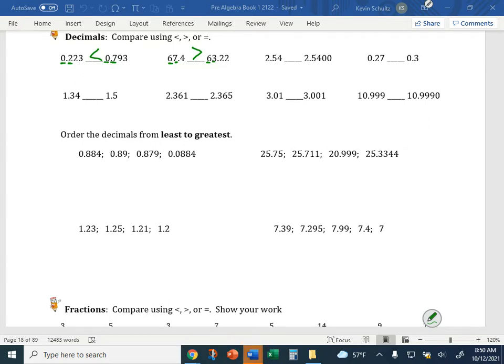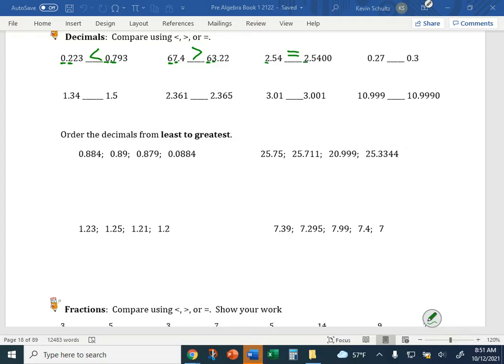Okay? How about 2.54 and 2.5400? Kate, they are equal. A not-so-secret about decimals is that you can add zeros on the end of it forever, and it doesn't change the value, right? Because if I ask you, how many ones does this have?